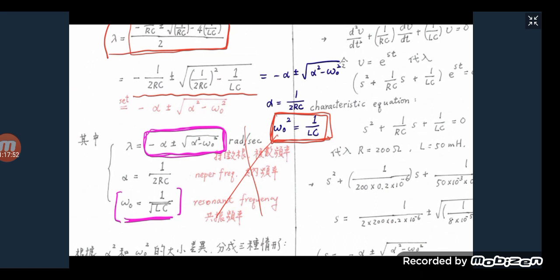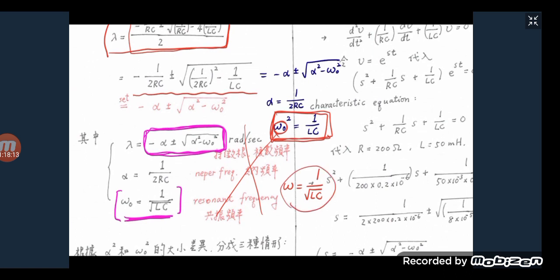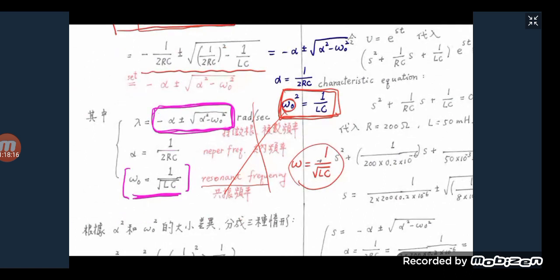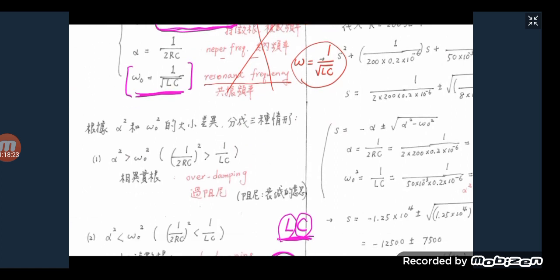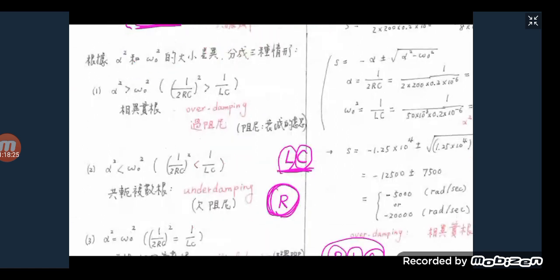It is best to memorize it. This is why we specifically use the symbol omega: in RLC circuits, the resonant frequency is 1 over the square root of LC. It's called resonant frequency.